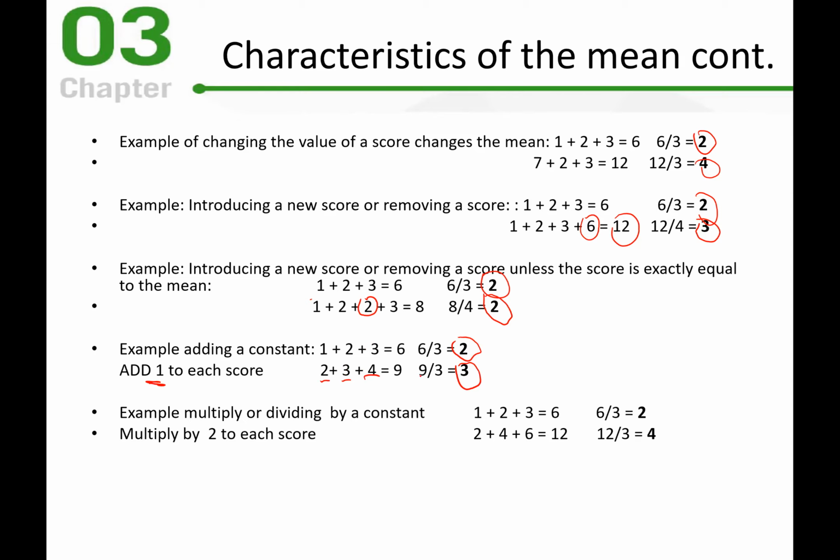So I don't even have to do the math. If I say, hey, we're going to add a constant of 1 to each of the scores, what is the new mean? The new mean is going to be whatever the constant added to the mean would be. Same thing if we did a subtraction, the same logic. So I should put here adding or subtracting.